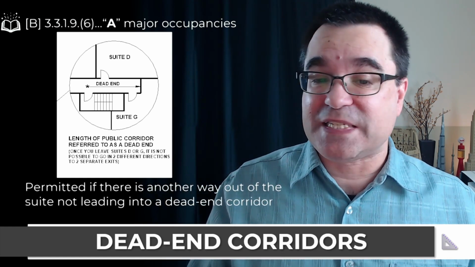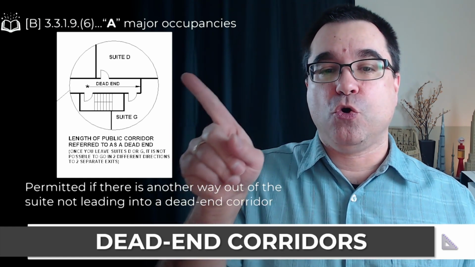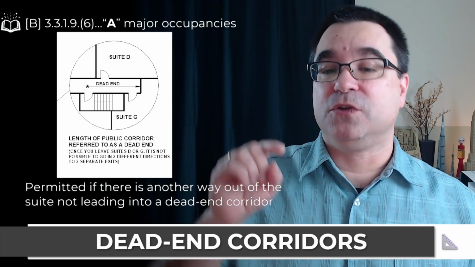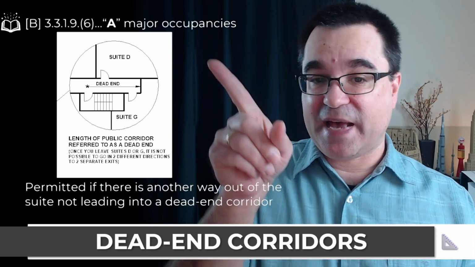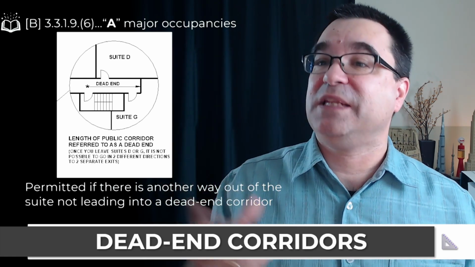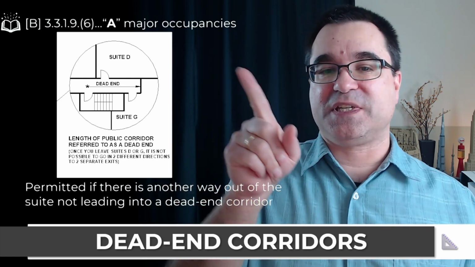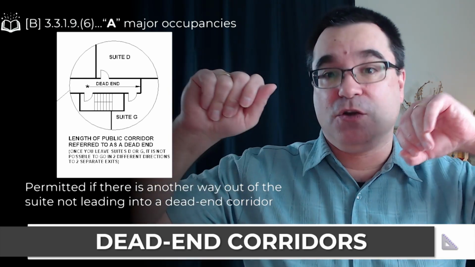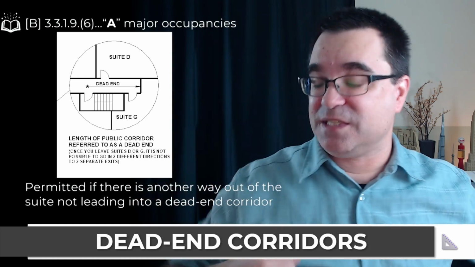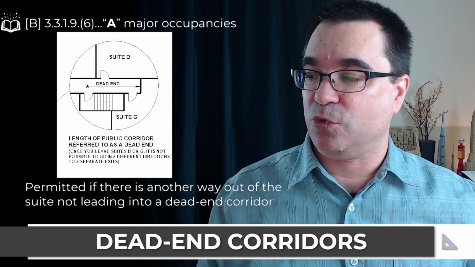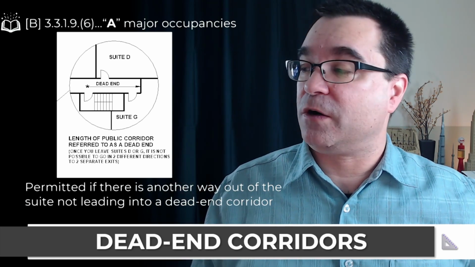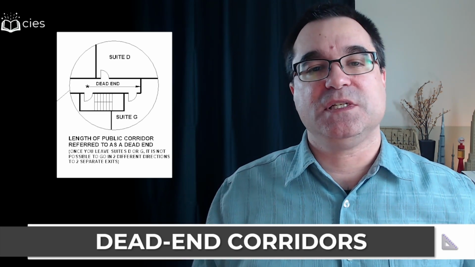What we get from that sentence is that dead-end corridors are allowed only if there is another way out of that suite that does not lead into a dead-end corridor. So for example, say suite D or G have a second exit that goes onto exterior exit stairs or something similar. That's the only way that dead-end corridors are allowed for assembly occupancies.